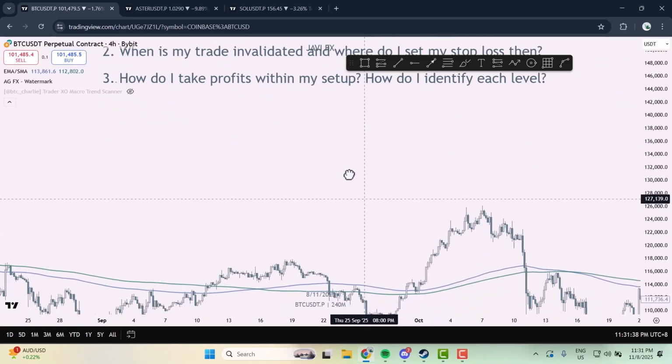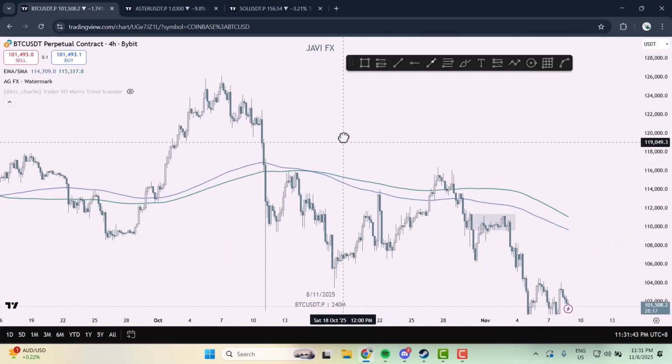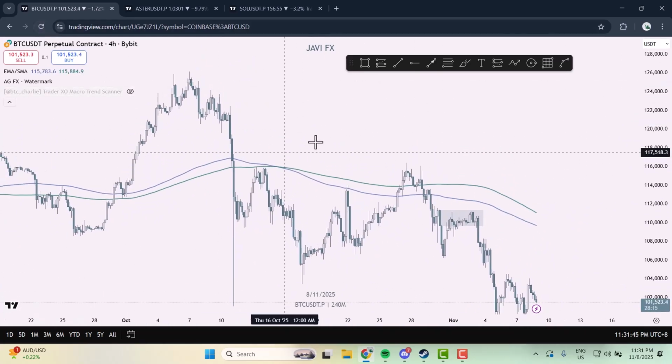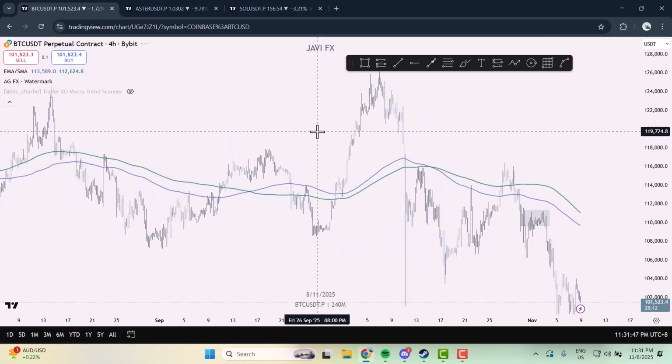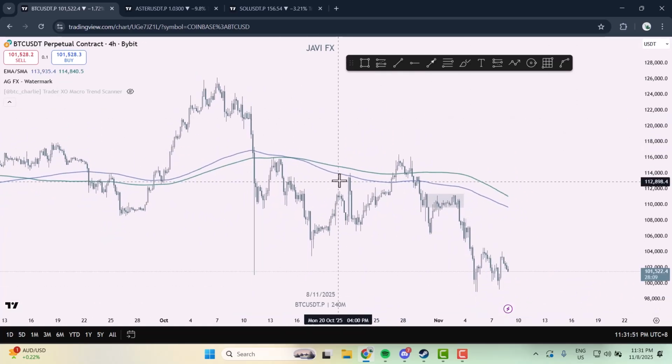So quickly, let's look at the Bitcoin chart only, 4 hour. If you can, take a look at this. Can you tell me if this is a bullish or bearish trend?